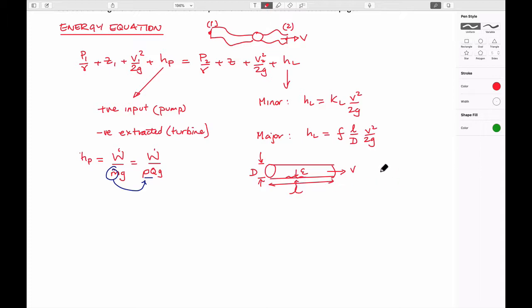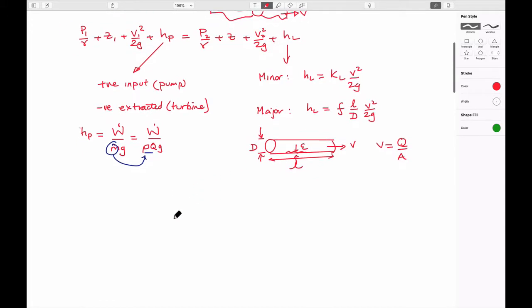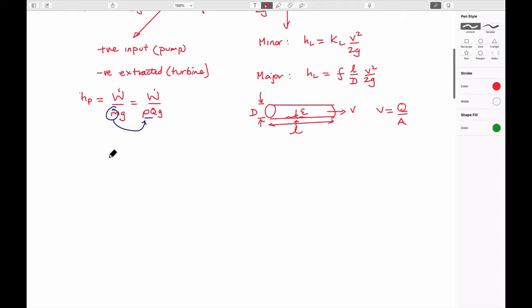If we know the flow rate, we can always get the velocity by dividing the volumetric flow rate by the cross-sectional area, whatever that cross-sectional area is. Obviously for a circle, it's relatively straightforward. And for pipe flows, we use the Moody chart, which allows us to define the magnitude of this friction coefficient for a variety of conditions.